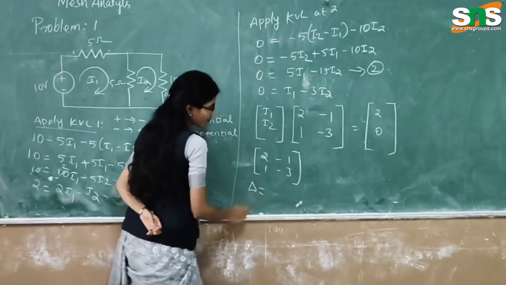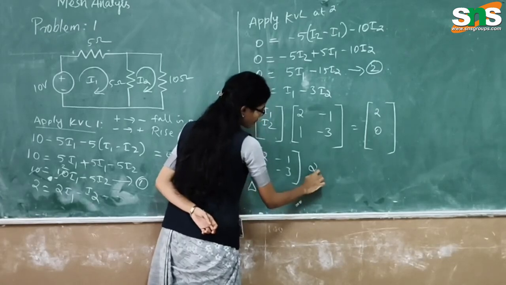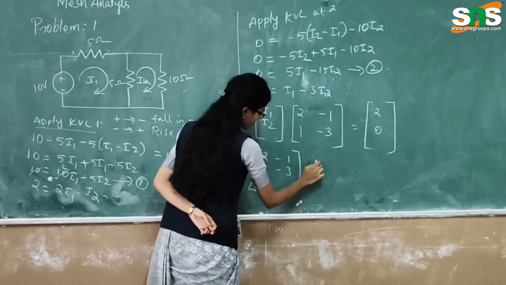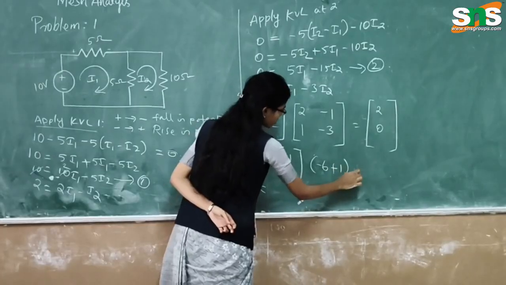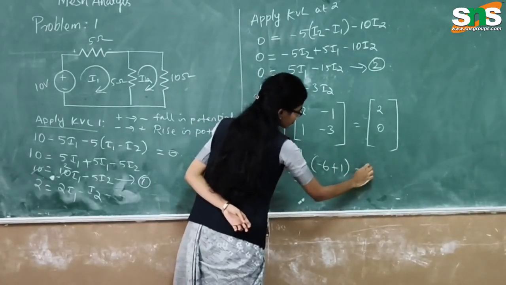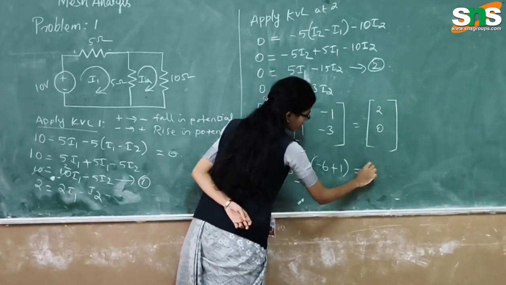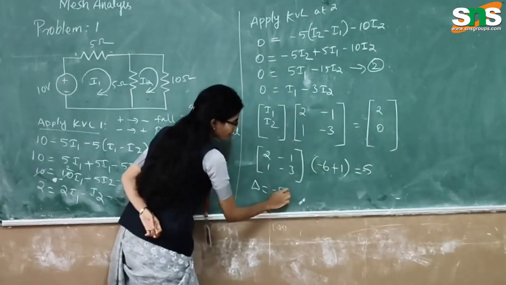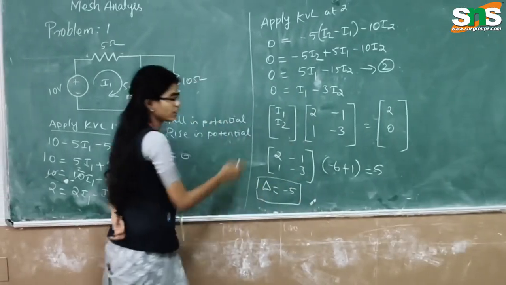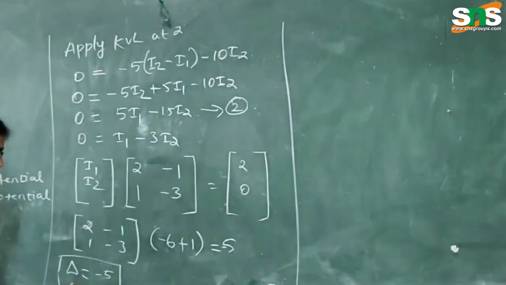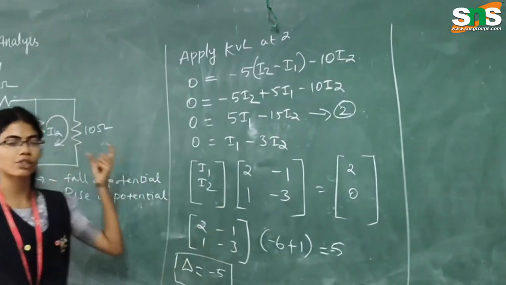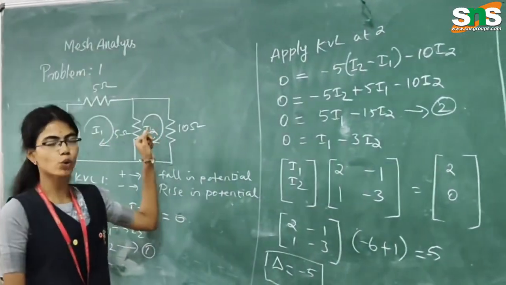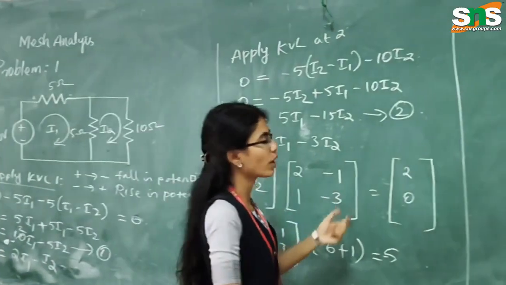We get the del value, and we have to find del 1 and del 2. Why? Because this mesh analysis problem consists of two loops, so we can find del 1 and del 2.